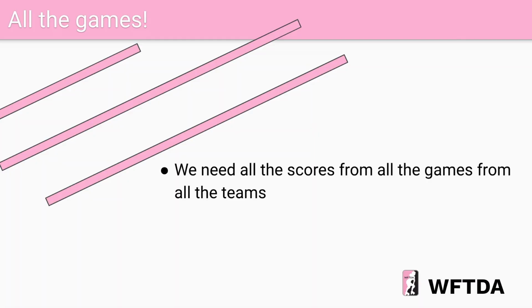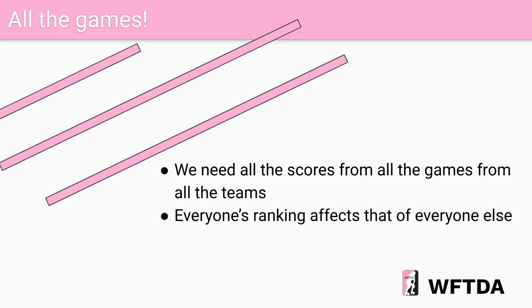That is why we use all the games each team has played so far this season. It's like that weather analogy where we said we needed to know the weather on the coast to understand the weather inland. We will talk more about why we need to look at all the teams and all the games later on in the video, all the games all at once. But what's important here is we need all the games for all the teams for the whole season, and everybody's ranking and the outcome of every game affects the rankings of everyone else.